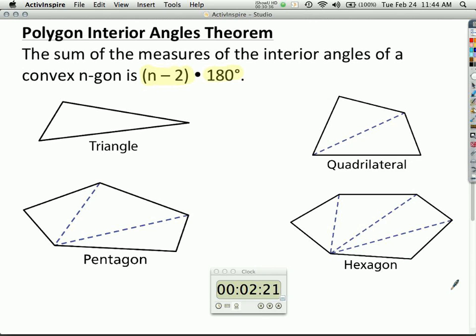Because if you put 2 minus 2, then it would be 180, and you just get a line. Yeah, if you put 2 for n, you get 180, which is a straight line. But it's not a shape. So if you have 3 sides, you would subtract 2 and get 180.